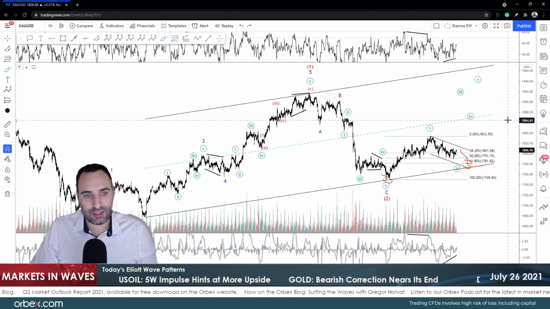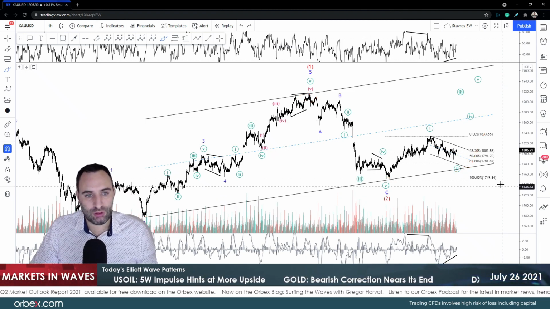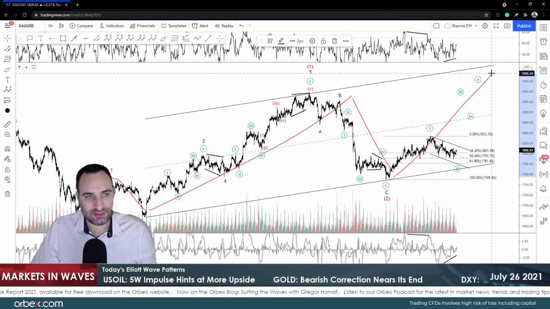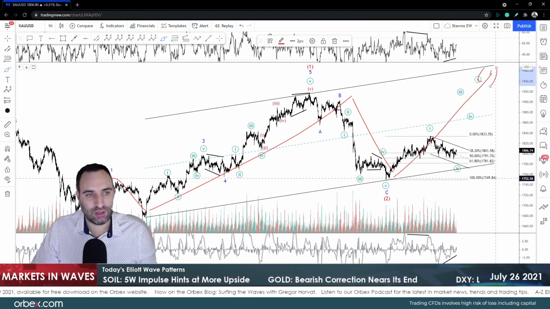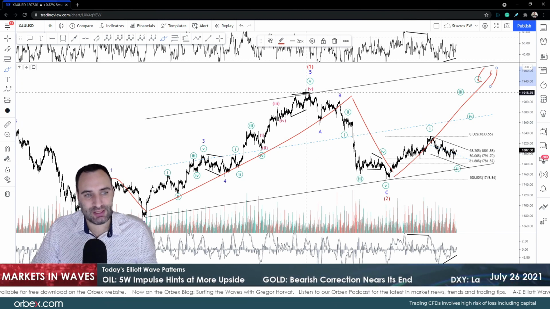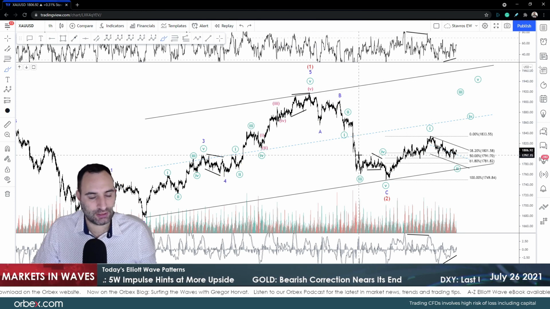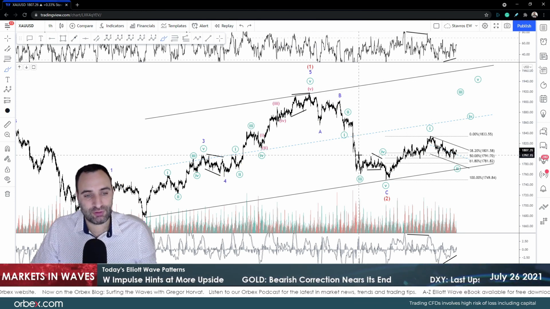Now, as you remember, before I had this as 1, 2, 3, 4, and I was expecting 5 for intermediate wave 1. With that being done, it means that our long-term target also changes, but I'm not going to get there for now. All I'm saying is that perhaps the move to the upside is not going to be as extended as I expected like a month ago or so.